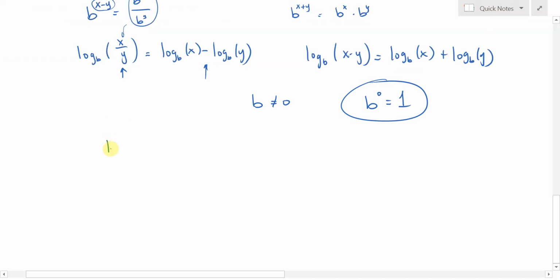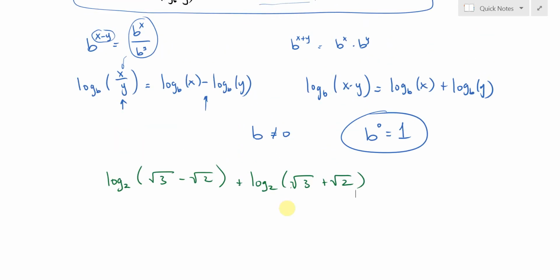You were given something ugly like log base 2 of the square root of 3 minus the square root of 2, plus log base 2, so it wasn't ugly enough, of radical 3 plus radical 2, and they want you to evaluate it. They want you to simplify it. So looking at the correct properties, you would have said, when I add two logarithms on the outside, I can combine into a single logarithm where I take the product of the two things on the inside.